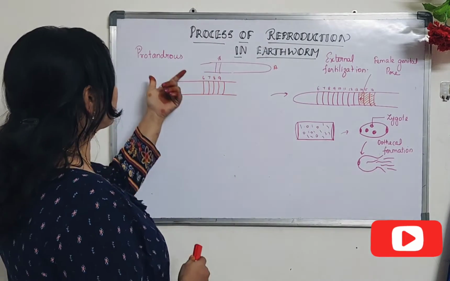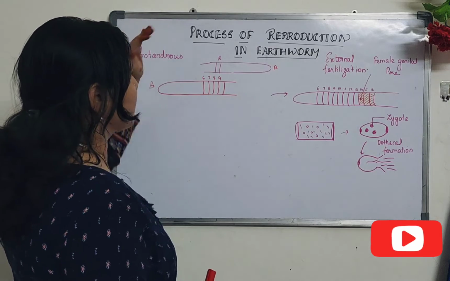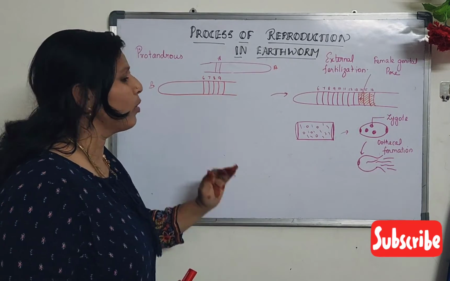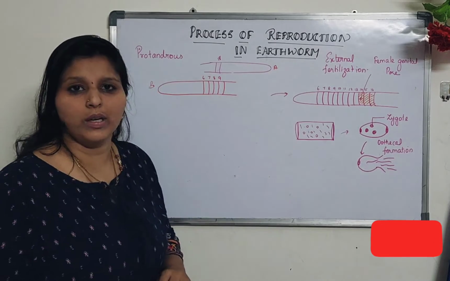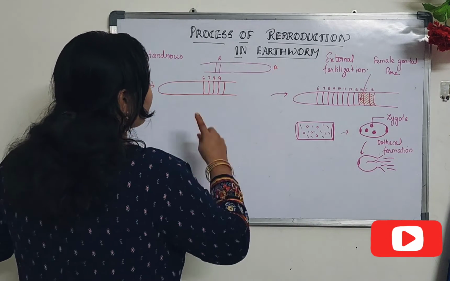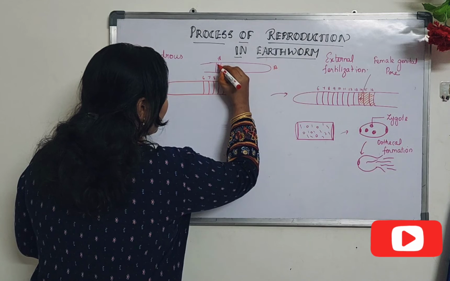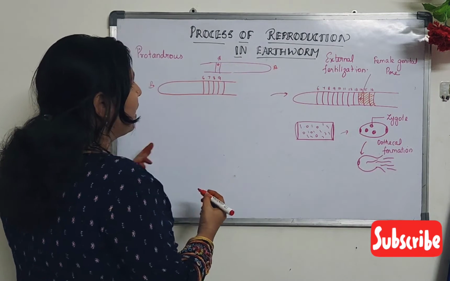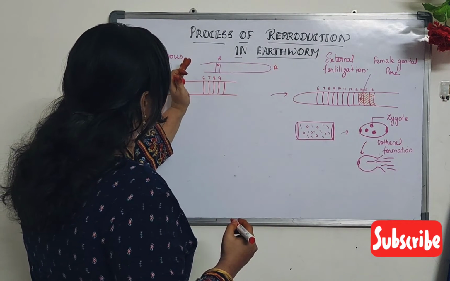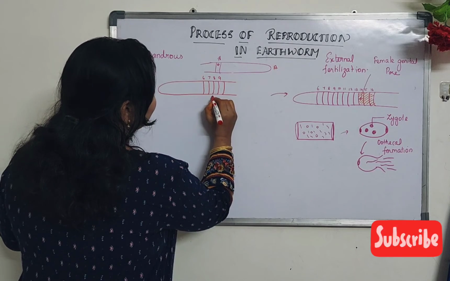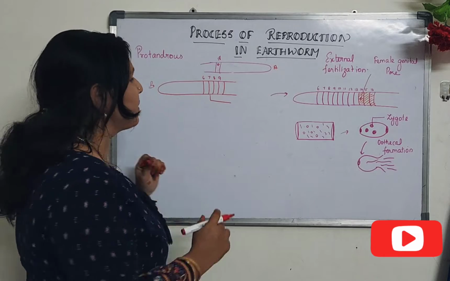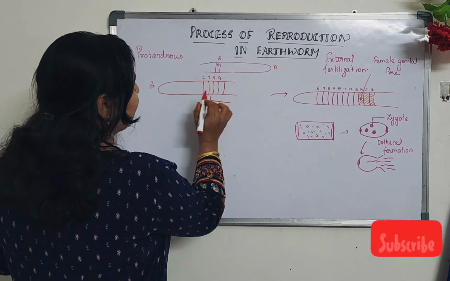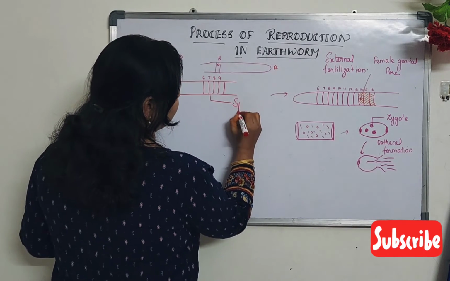Clear? So coming to the process of reproduction, at the time of copulation, two earthworms come in contact with each other. With the help of the male genital pore, the sperms are deposited in the spermathecae of the other earthworm, which are present between the 5th and 6th, 6th and 7th, 7th and 8th, and 8th and 9th segments.